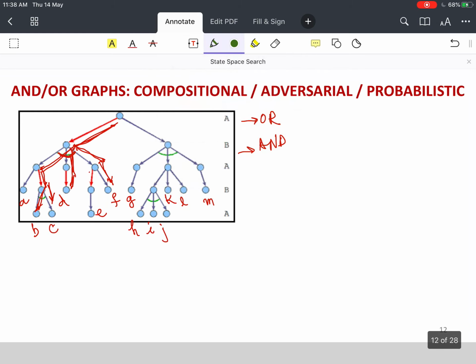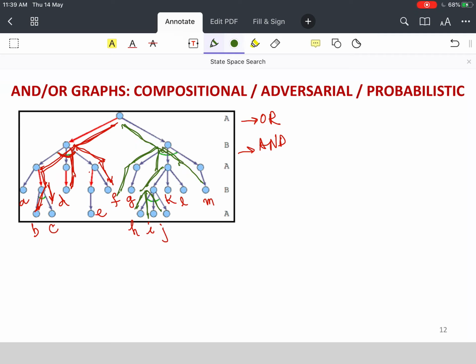Similarly, you can have another solution. Player 1 could have chosen this path. But once player 1 has chosen this path, then this AND node all have to be chosen. In this OR node, in this OR node, and in this OR node. But since they have chosen this one, in this AND node, this has to be chosen. Therefore, this is another solution.